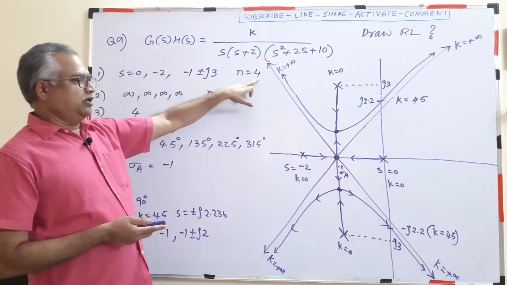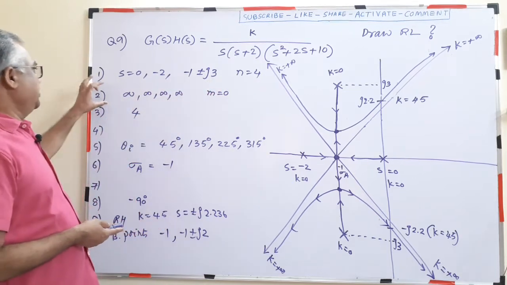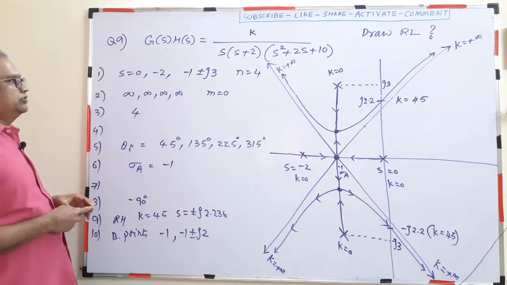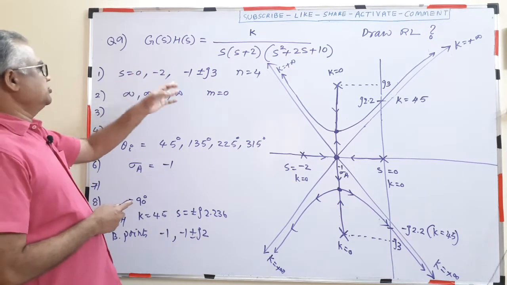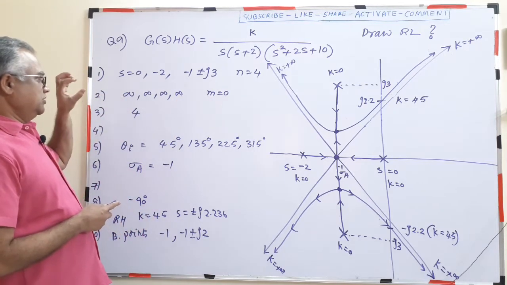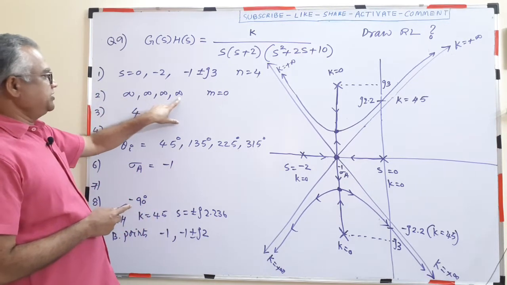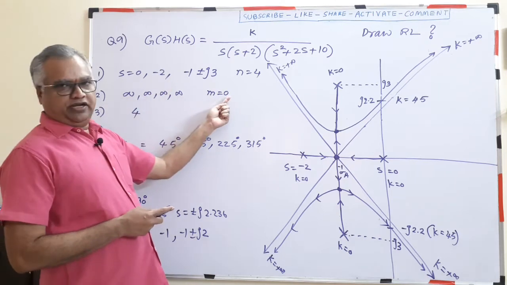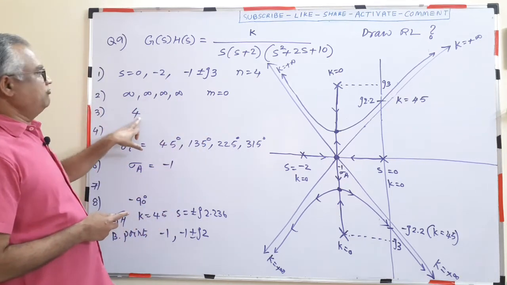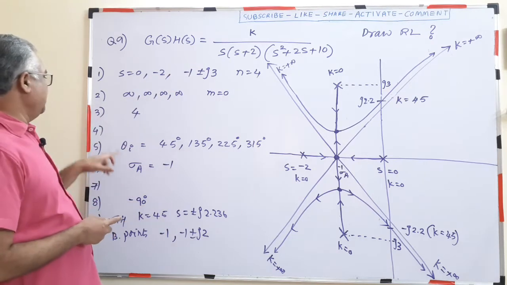The finite number of poles is 4, and K equal to plus or minus infinite points are the zeros. We don't have any finite zeros, so 4 zeros are at infinity, and m equals 0. The number of branches is 4, equal to the order of the polynomial.